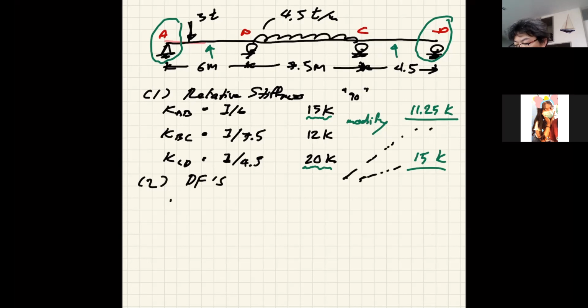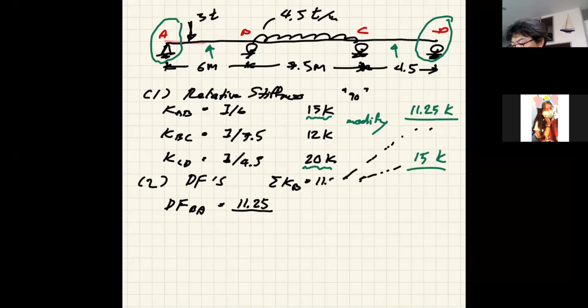Okay, so DF of member AB, I'm sorry, it should be BA, right? Is 11.25 over the sigma KB, which is equal to 11.25 plus 12 now, which is 23.25.